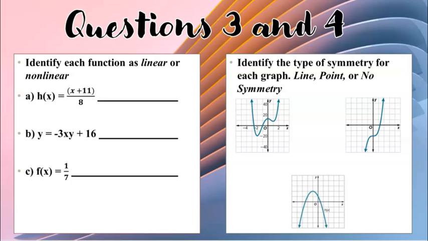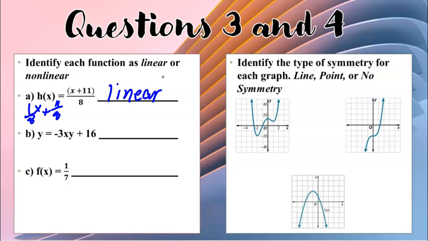So if I look at letter A, h of x equals (x plus 11) divided by 8. This one is actually in y equals mx plus b format, because if I rewrite it, this is really 1/8 x plus 11/8. So my slope is 1/8 and my y-intercept is 11/8. So this would be linear.